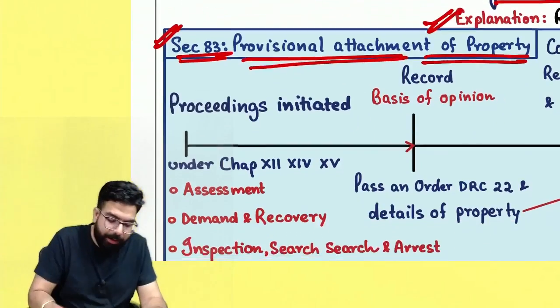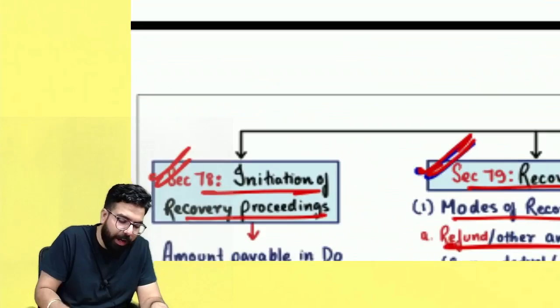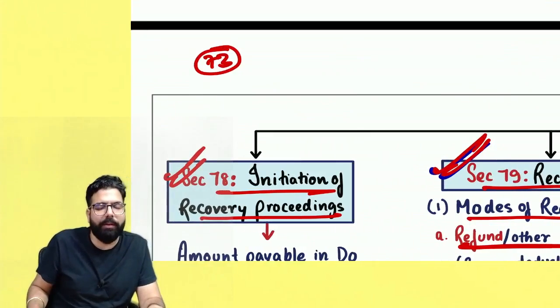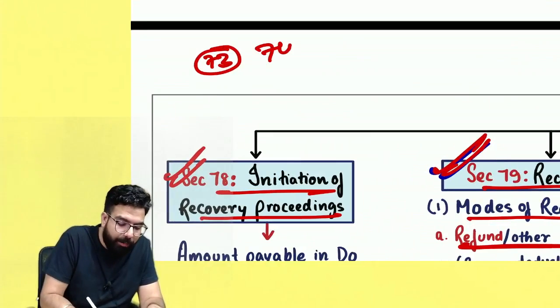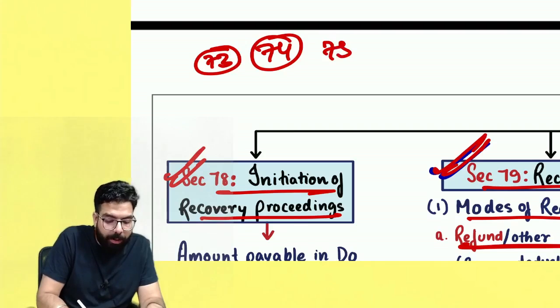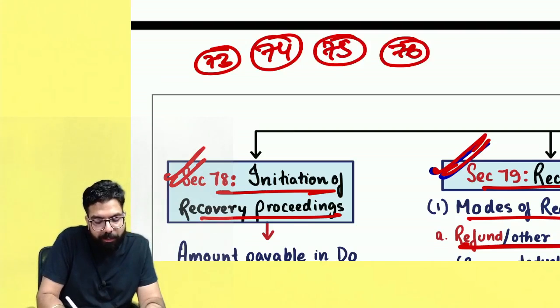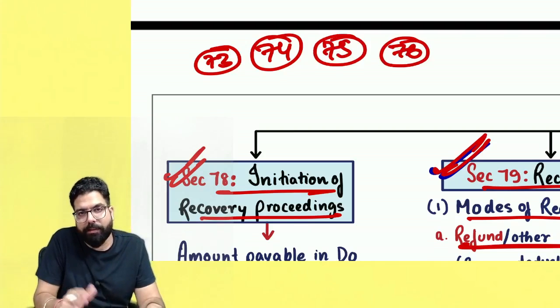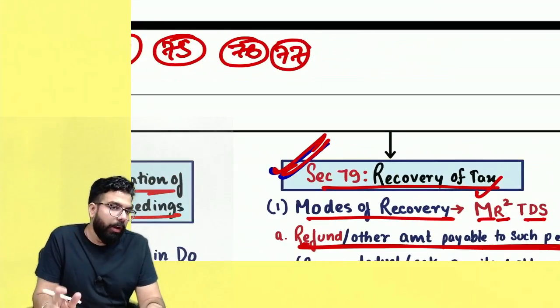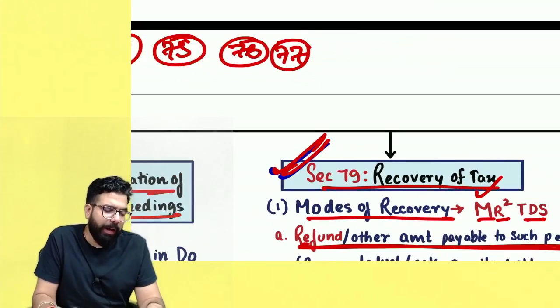Sir, in the case of provisional attachment, okay, what did we learn till now? We learned section number 73, other than fraud, willful misstatement and suppression of fact, demand order. Section number 74, fraud, willful misstatement and suppression, demand order. Section number 75, general provisions. 76, everyone, amount collected representing as tax should be immediately paid to the government. Section number 77, wrong tax paid should be taken as a refund and correct tax should be paid.